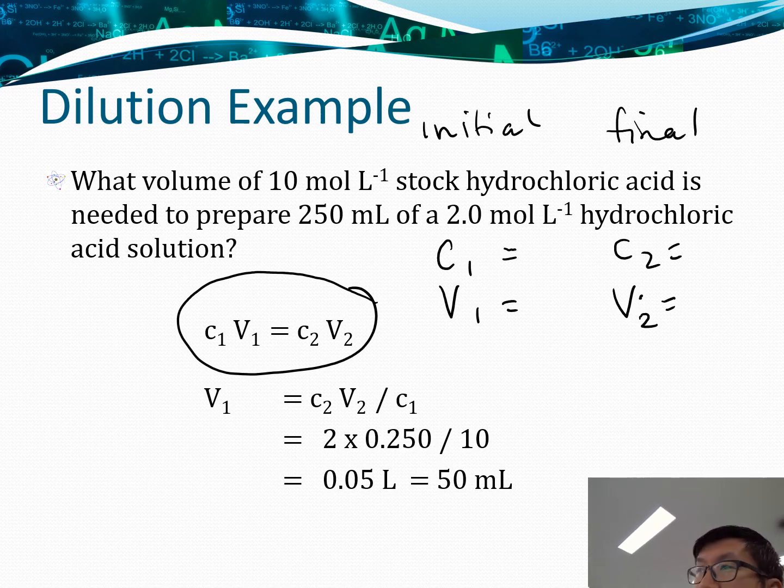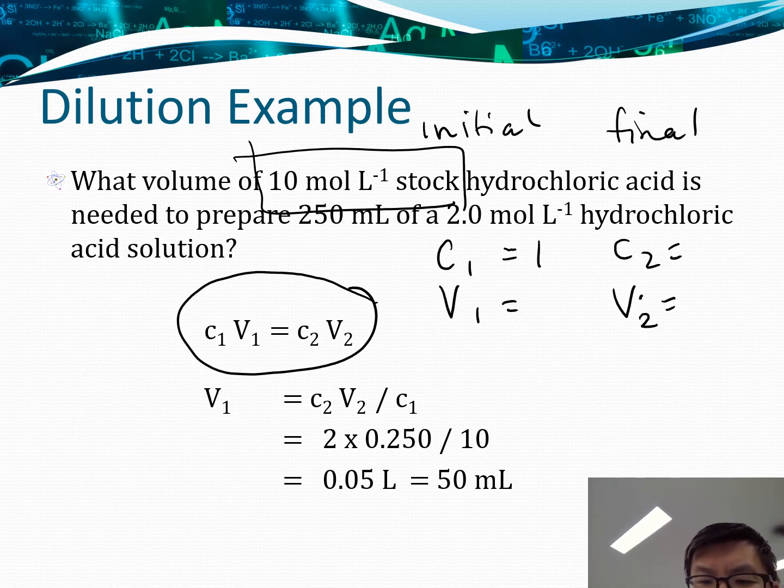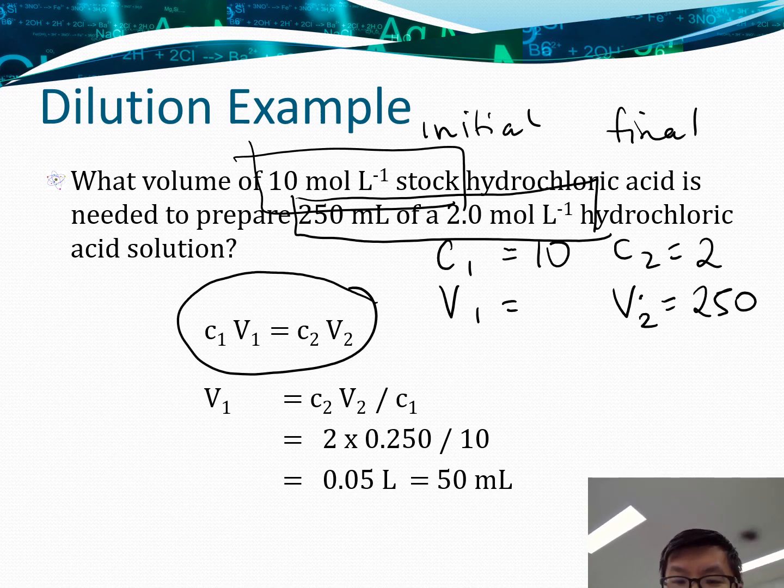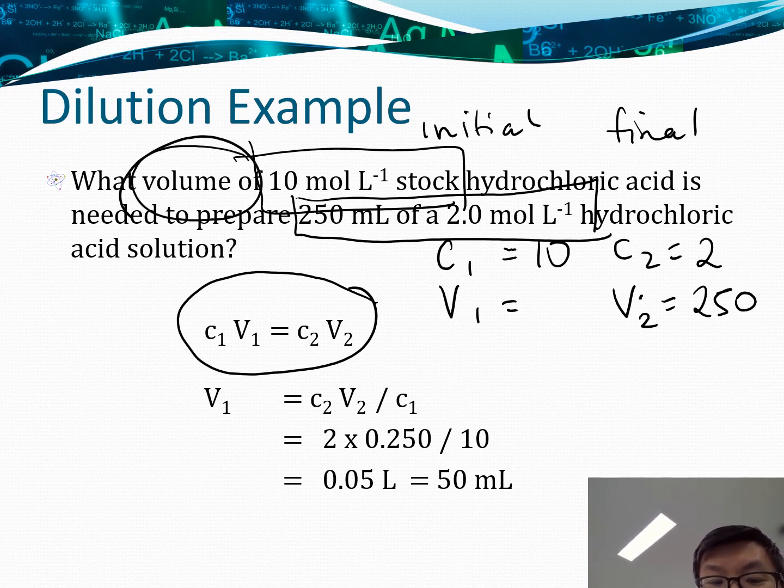In the initial situation, the thing that we're starting off with, we've got a concentration of 10. And then in the final, we want 250 ml of a 2 mole per liter concentration. So we would put the 250 here, and then we would put the 2 there. And then the question says, what is the volume that I need? So this is what I'm trying to figure out.